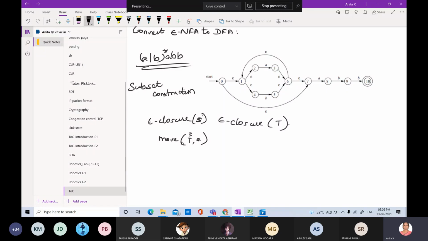We represent s in small because we are talking of a single state, and T is capital to differentiate it as a set of states, right? Shall we proceed?